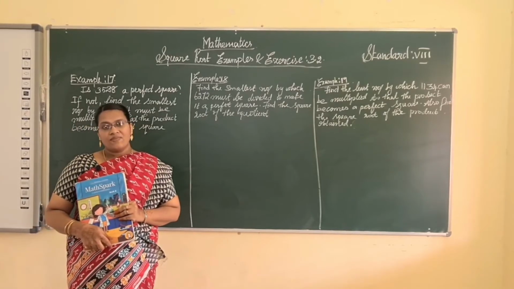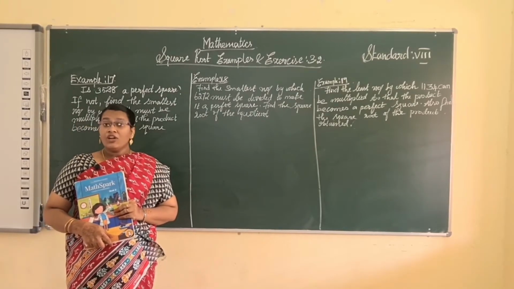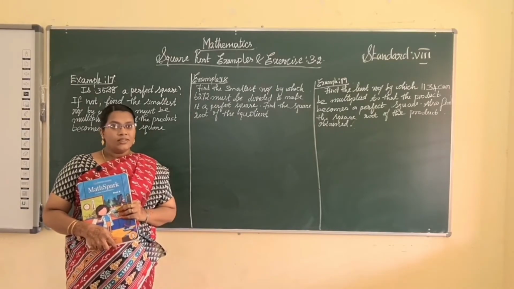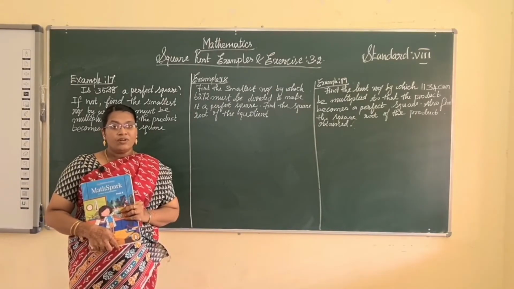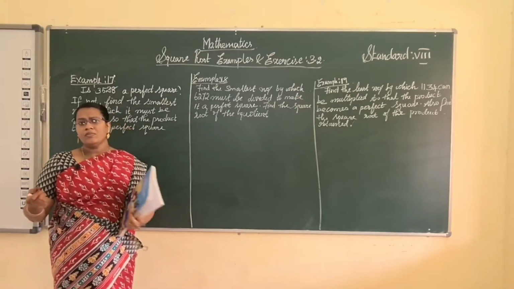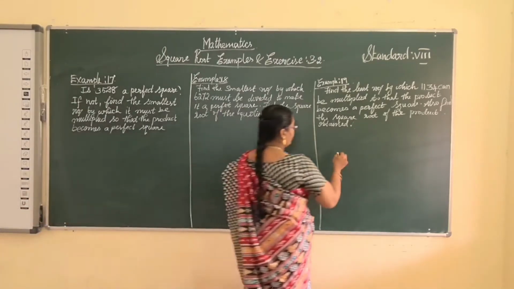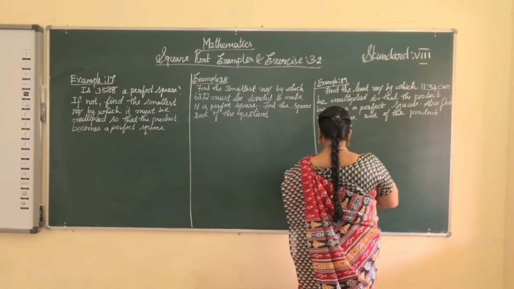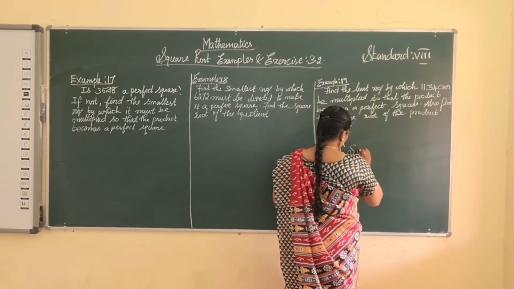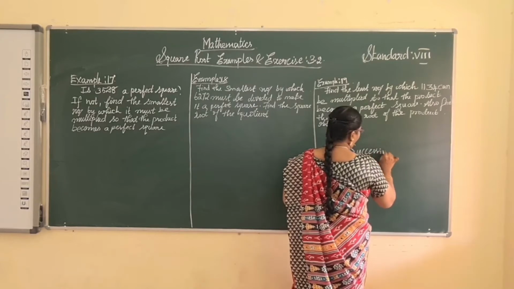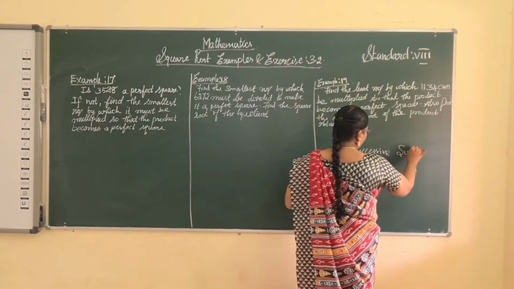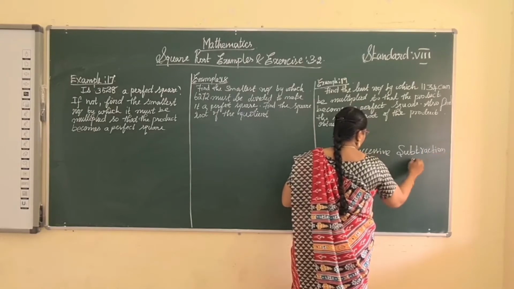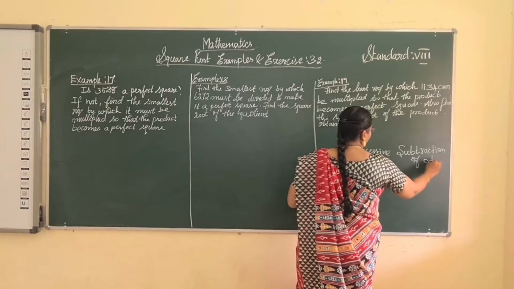In the previous class we have learned about the methods of finding square root. What are the types we have learned in the previous class? The first one is successive subtraction of odd numbers.